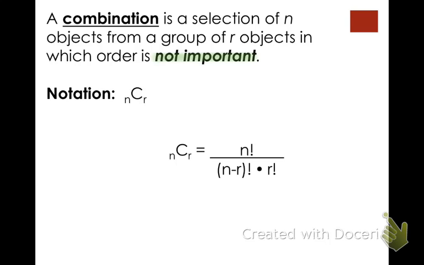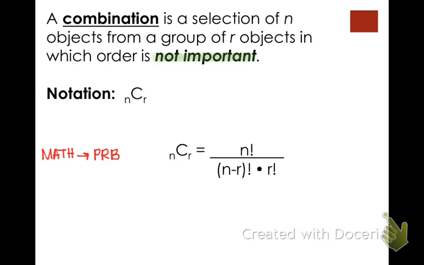Now, on a graphing calculator, you need to go to the math menu. There should be a button on there that says math. At the top, arrow over until you get to PRB. It's the same place that you find your factorial button, like we did yesterday. So that's where you're going to find this.